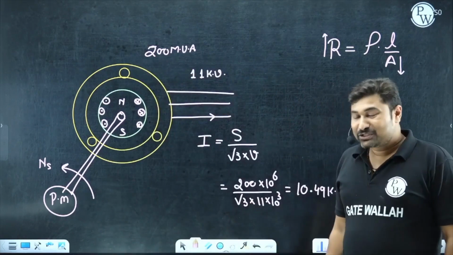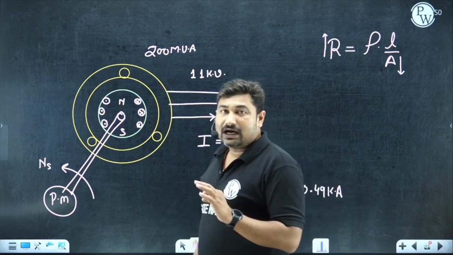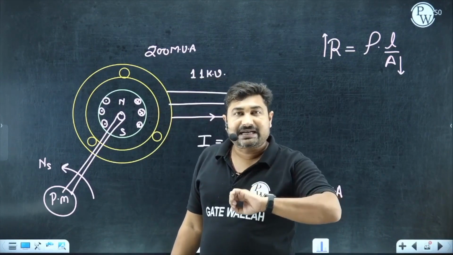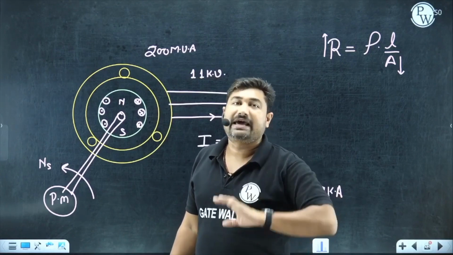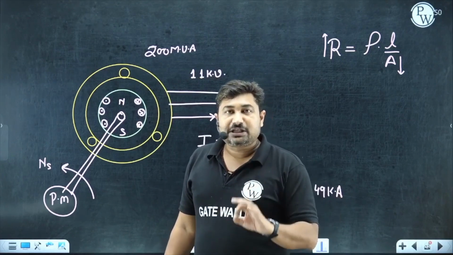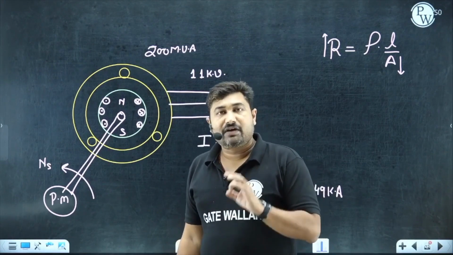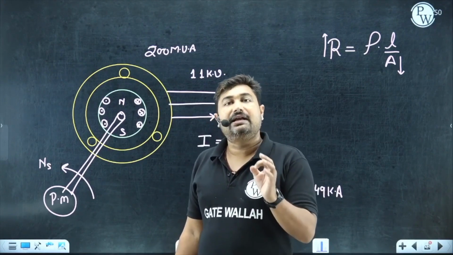So whenever we talk about current, it can be directly related to the thickness of the wire. If the thickness of the wire is more, it can handle more current. If the thickness of the wire is small, it can handle a low current.